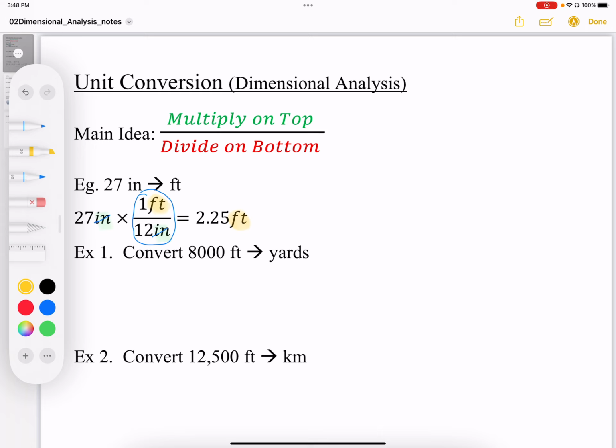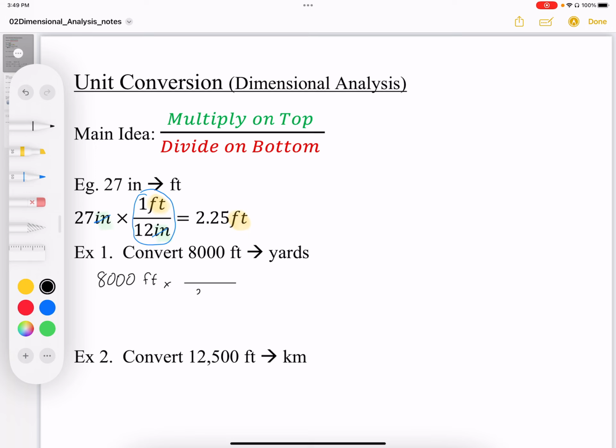So if I'm going to convert 8,000 feet into yards, I'm going to first start with 8,000 feet. Now I'm going to find a conversion factor to convert feet to yards, and that's 1 yard for 3 feet. Because I want to cancel out the units of feet, I need to make sure that those units are on the bottom.